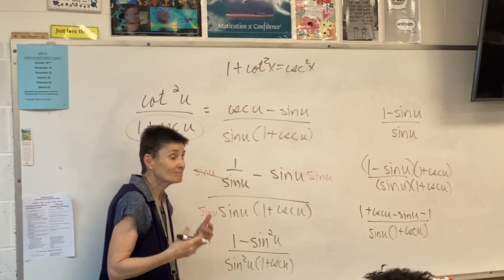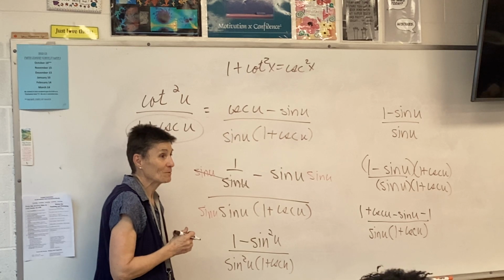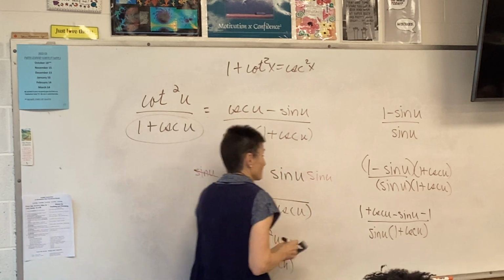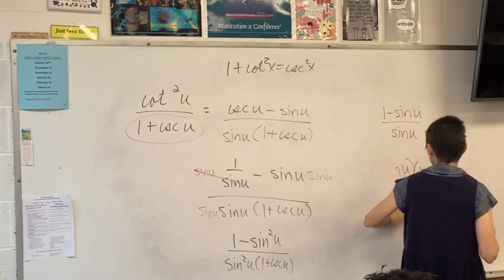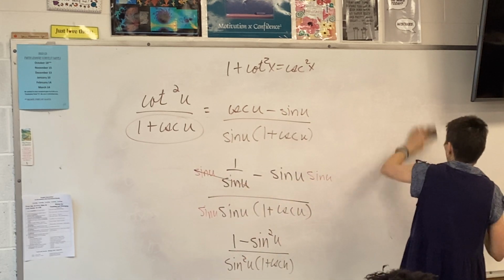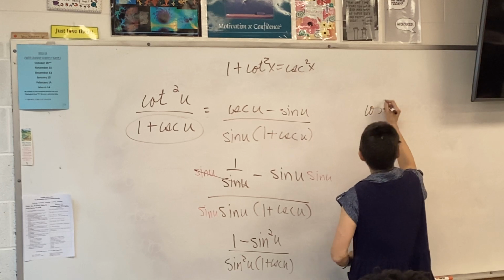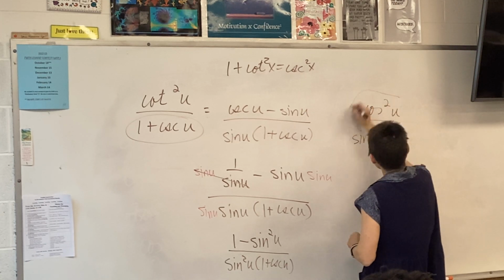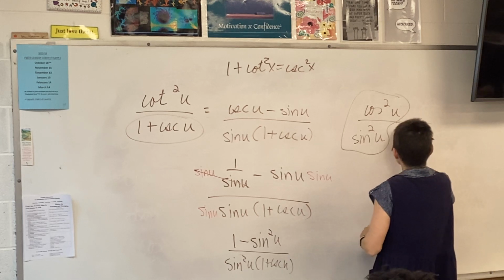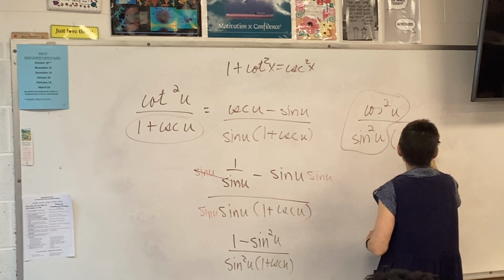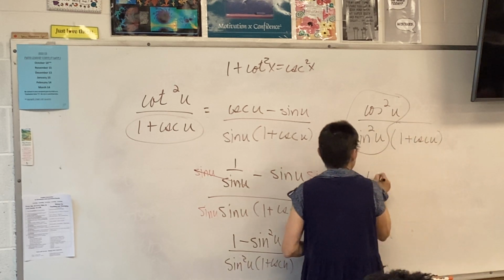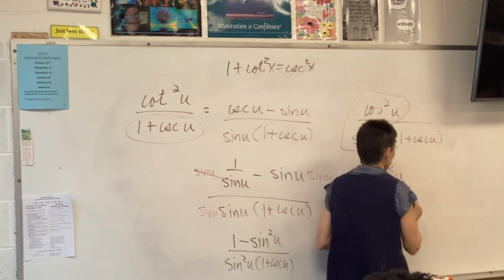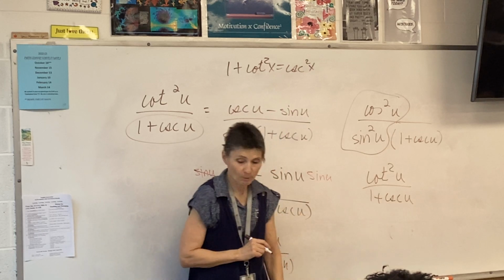Hearts are pounding, right? What's 1 minus sine squared? Cosine squared. So now I have cosine squared over sine squared, which is cotangent. So I have cotangent squared over 1 plus cosecant. Woo! That took perseverance.